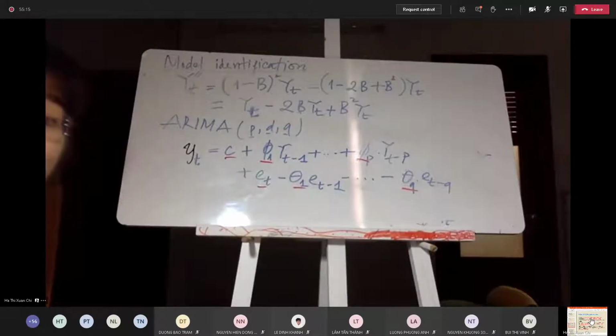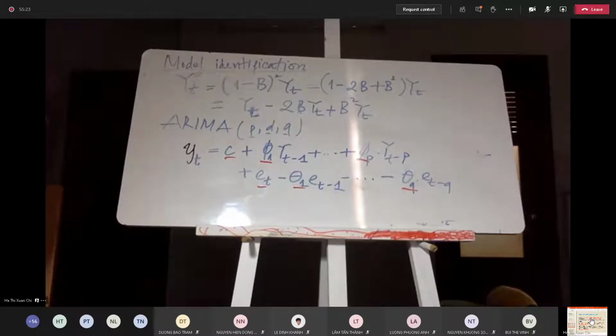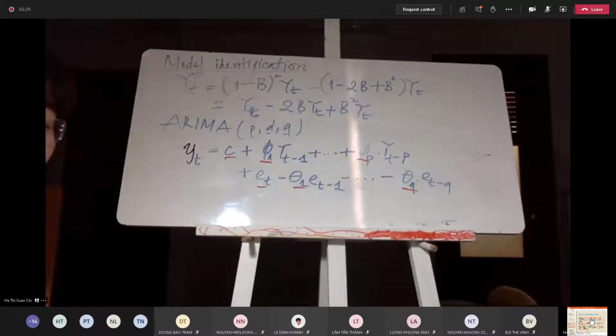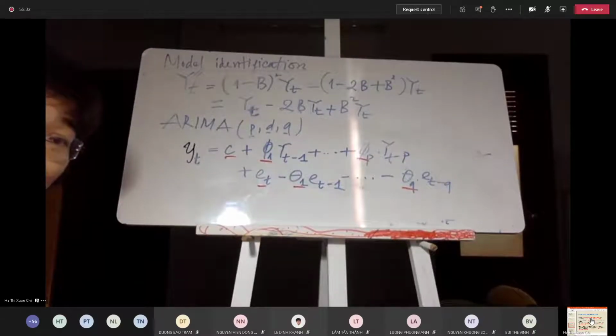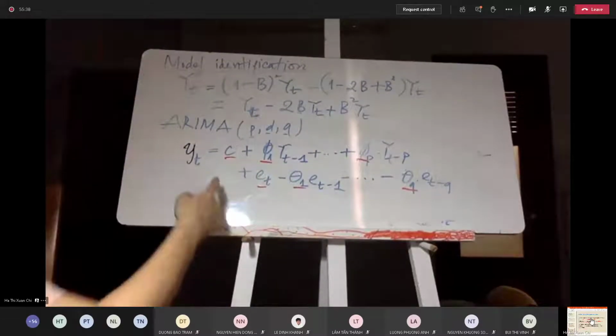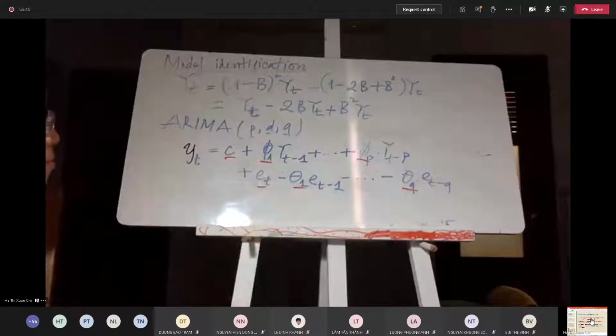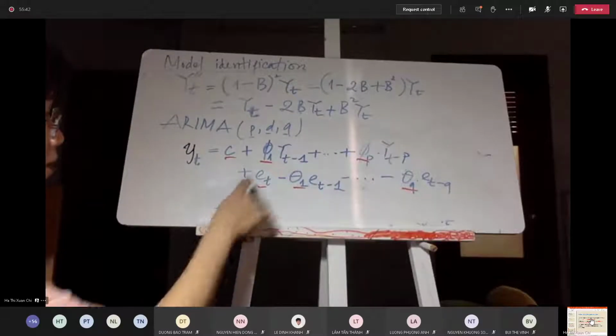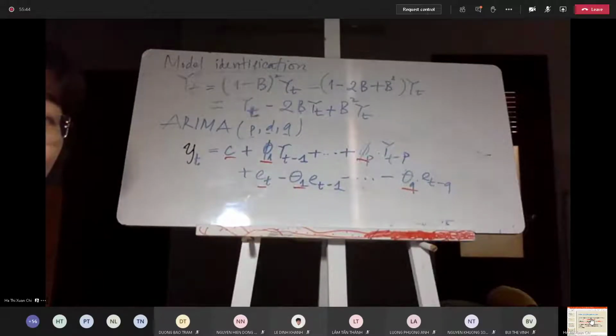So how can we estimate? We can use the least squares method to estimate, but that is if you do it by hand. Right now we have many software packages to support us in estimating them. You put the data here and you can estimate them.